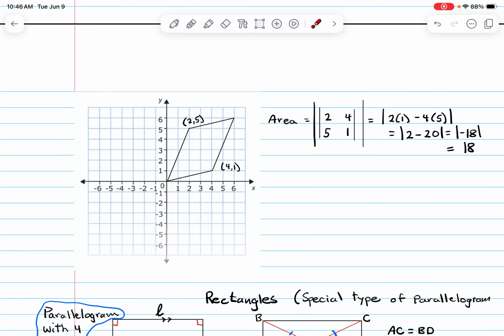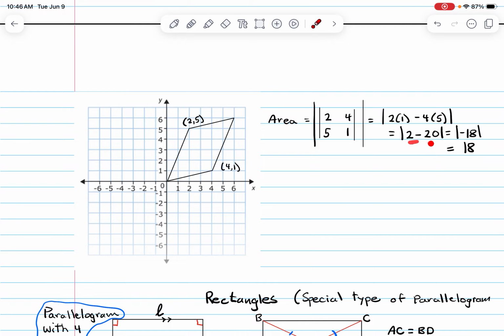And I can do this trick using determinants. I can take this point and write 2 and 5 here. Notice I stack them up as a column. And then I take this point right here and stack them. And then I do a little cross multiplying: 2 times 1 minus 4 times 5.